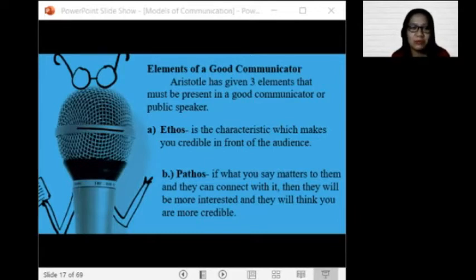And of course, for the pathos, if what matters to them and they can connect with it, of course, they will be interested. Here, we are talking more about the relevance of your topic to your listener or to your targeted audience. So, let's take the example of the political leader earlier.